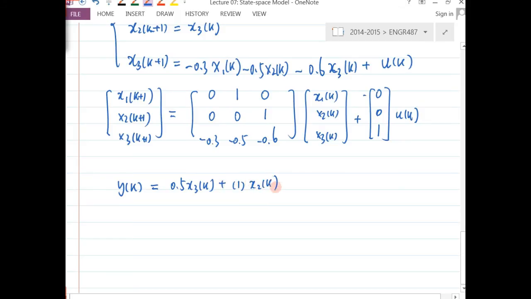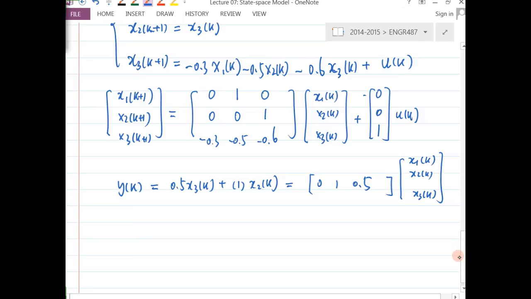That's the output, put in matrix form, and the first term is 0, 1, and 0.5. Okay, very good.